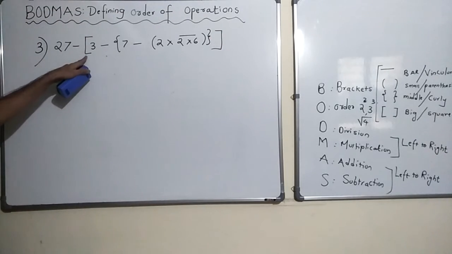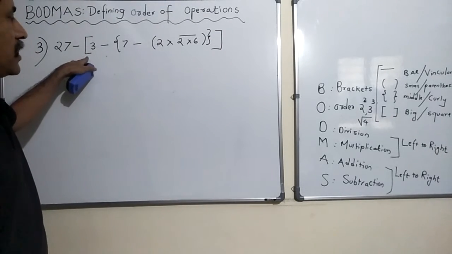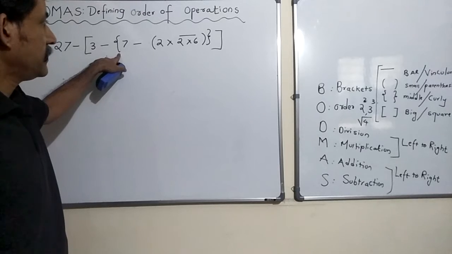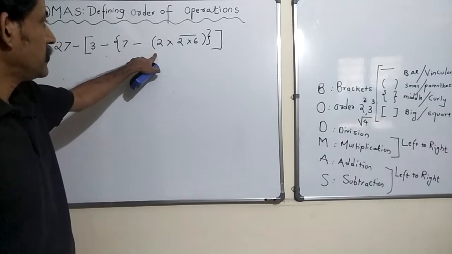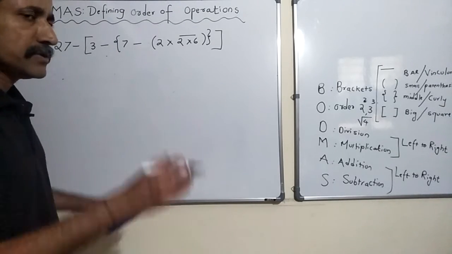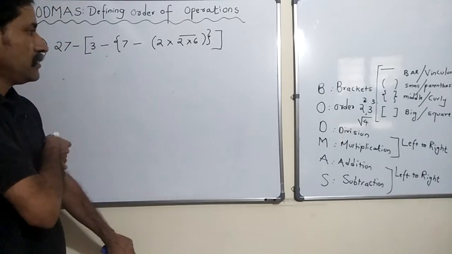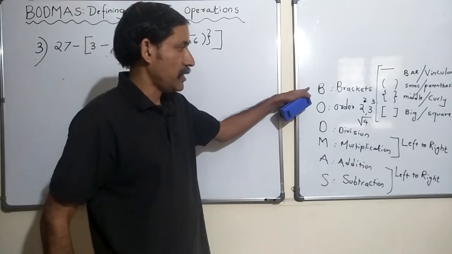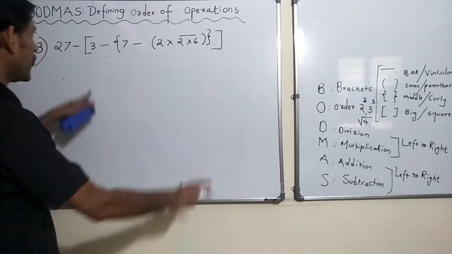Now here we have the square bracket, we have the curly bracket, we have the parenthesis or the round bracket. Alright. So now we are going to solve. Let's look at the BODMAS rule. Now there are brackets. Let's start with this bracket.